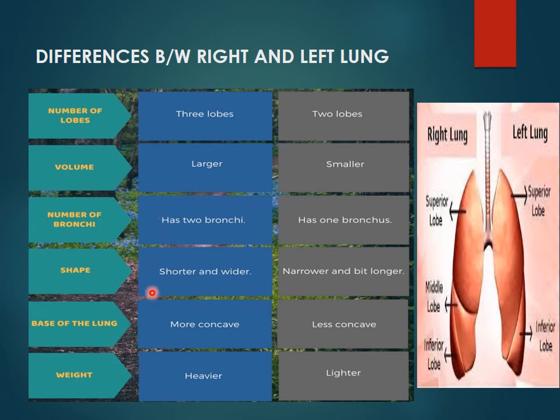It is shorter and wider, and more concave, and is heavier than the left lung. While in the left lung there are two lobes separated by only one single fissure known as the oblique fissure. It is smaller in volume. It has one main bronchus. It is narrower and a bit longer. It is less concave and lighter than the right lung.